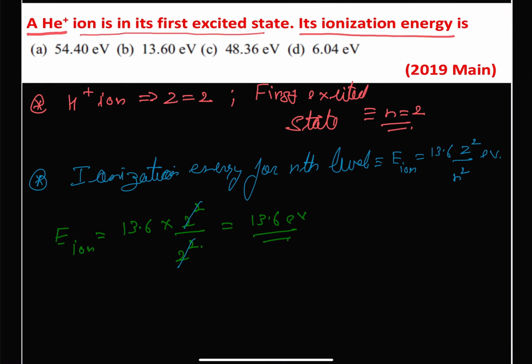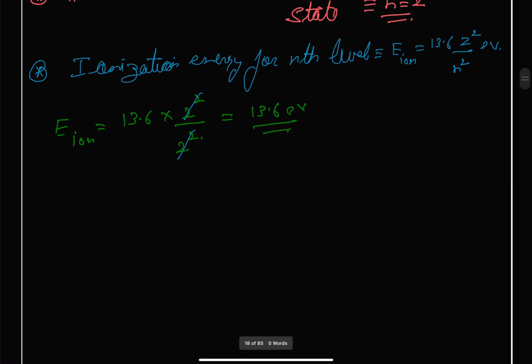So option number B is correct. B is correct. Or we can just find out E also, and E and ionization energy are, you can say, without the sign. Answer will be same. Next question.